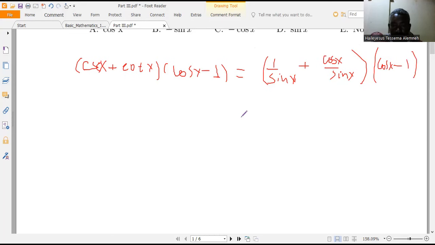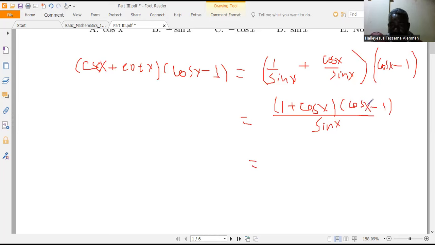Taking sine x as common from the denominator, we get 1 plus cos x over sine x, times cos x minus 1.